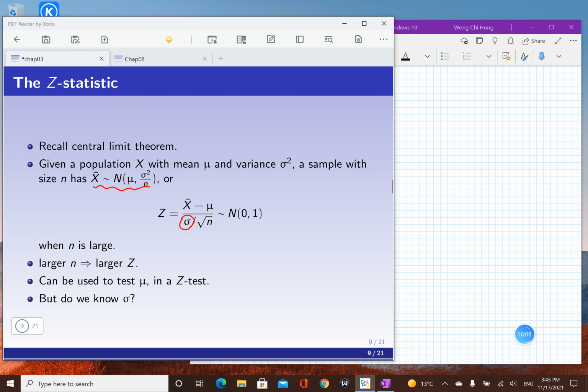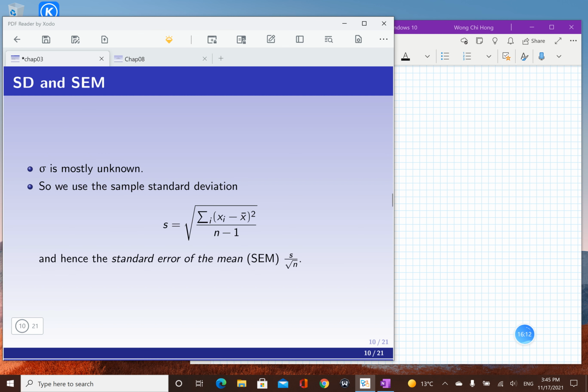We'll just simply replace sigma, use S over square root of n instead of sigma over square root of n. There's no way we can tell sigma anyway. So if we have a large enough sample size, maybe we'll just do S over square root of n instead.